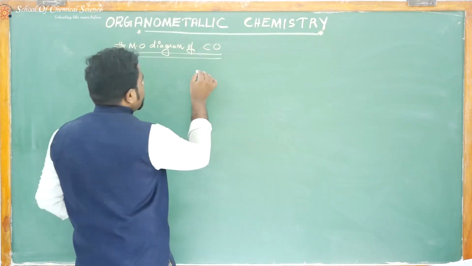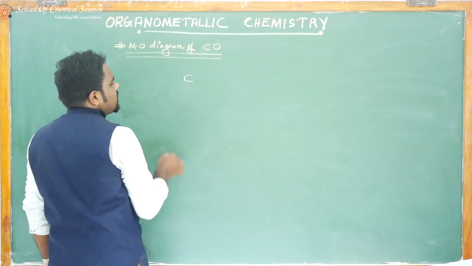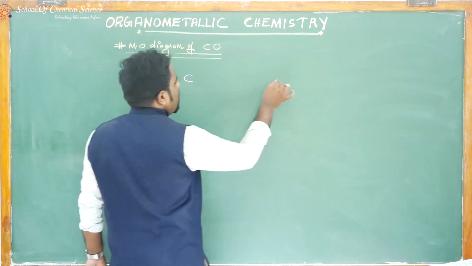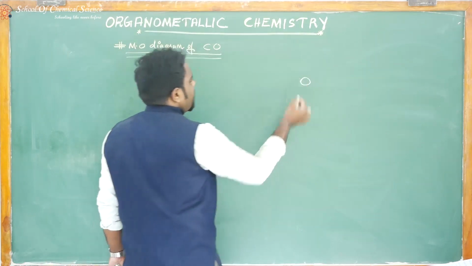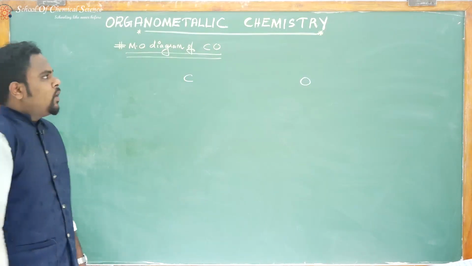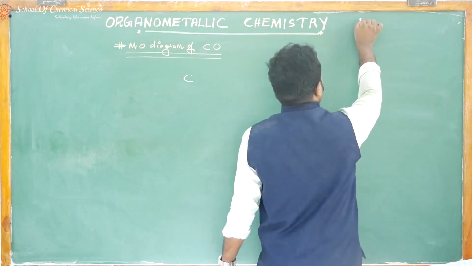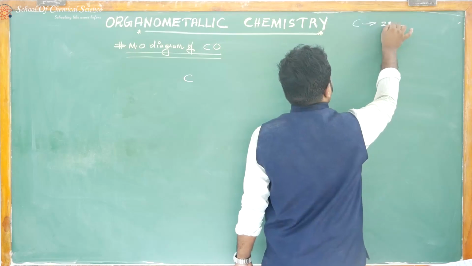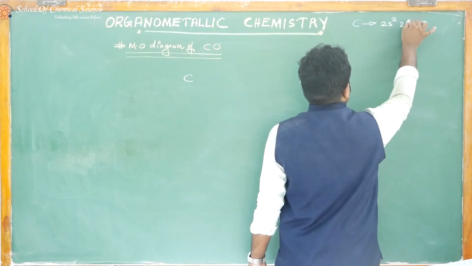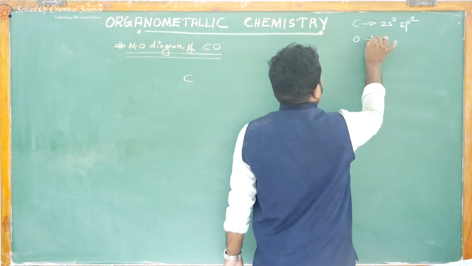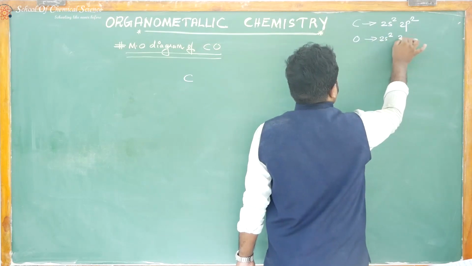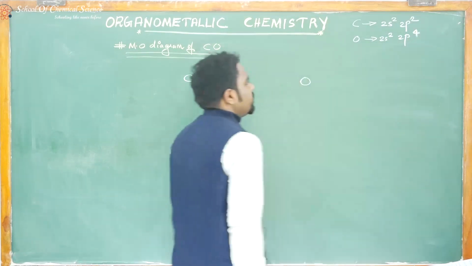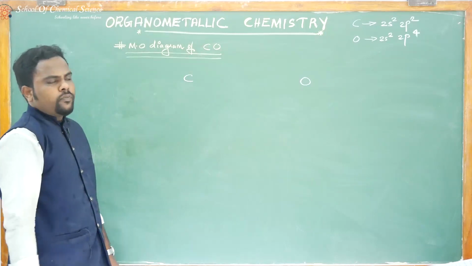In the MO diagram, here carbon is present and oxygen is present. What is the electronic configuration of carbon? The outer electronic configuration is 2s2, 2p2. Oxygen is 2s2, 2p4.